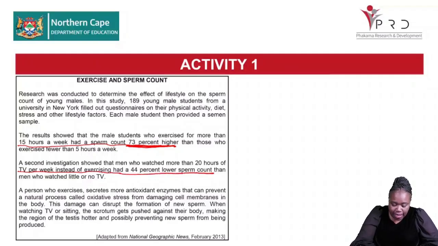A person who exercises secretes more antioxidant enzymes that can prevent a natural process called oxidative stress from damaging cell membranes in the body. This damage can disrupt the formation of new sperm. When watching TV or sitting, the scrotum gets pushed against the body, making the region of the testes hotter and possibly preventing new sperm from being produced.